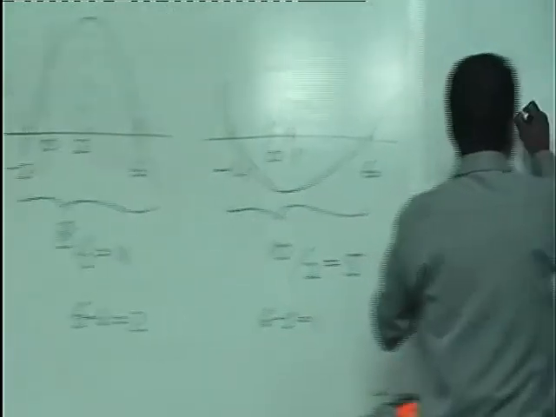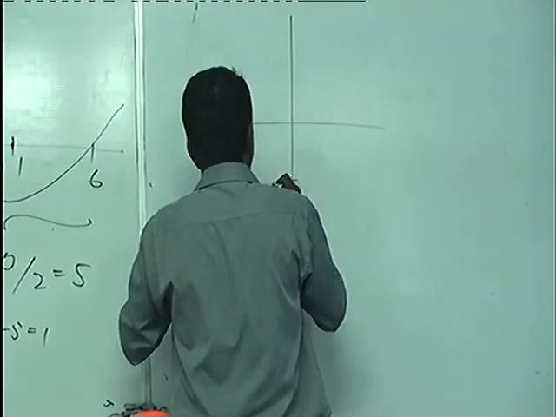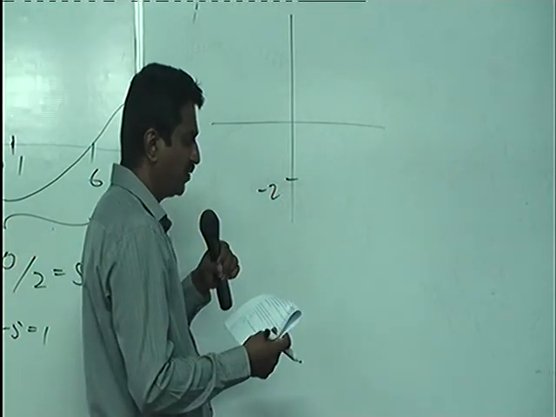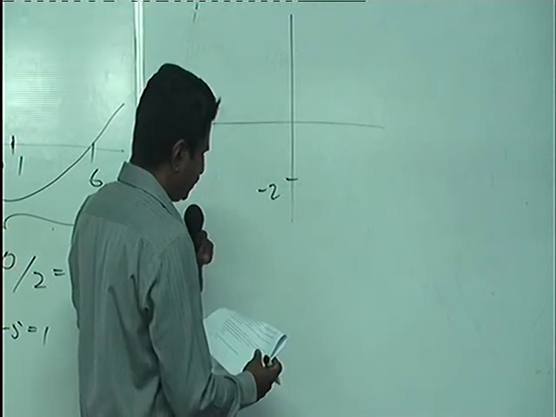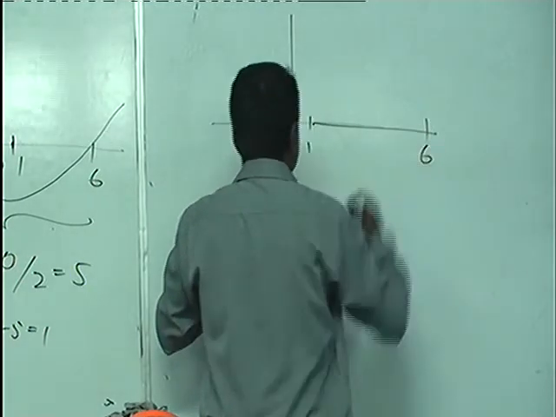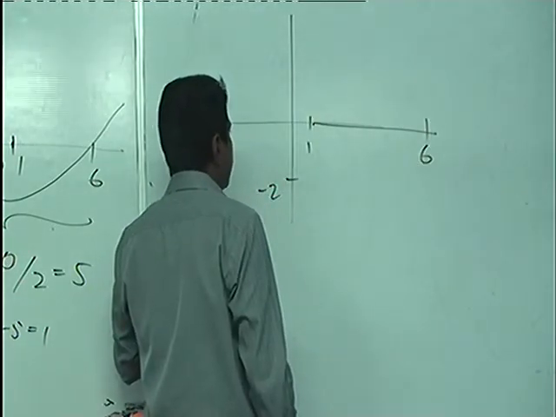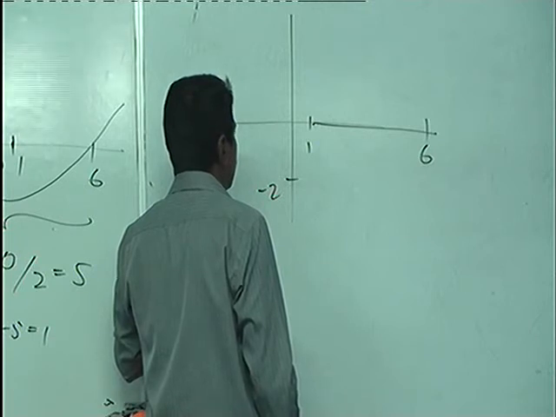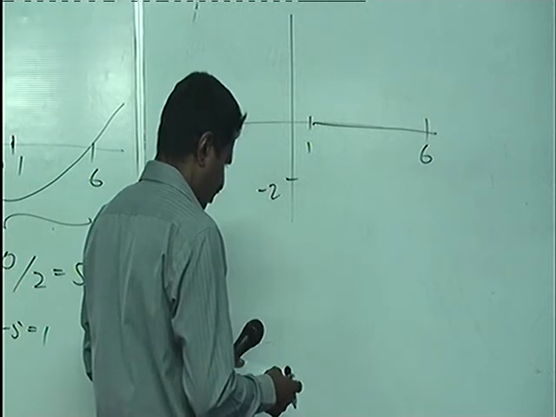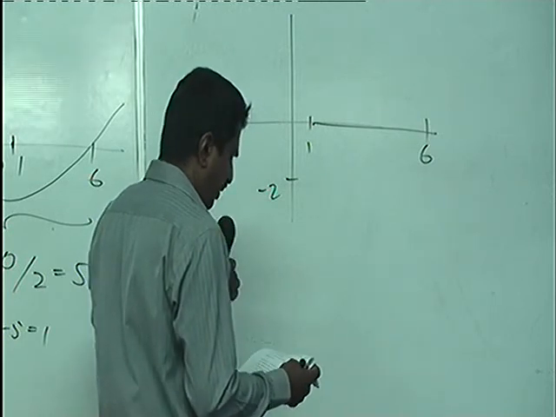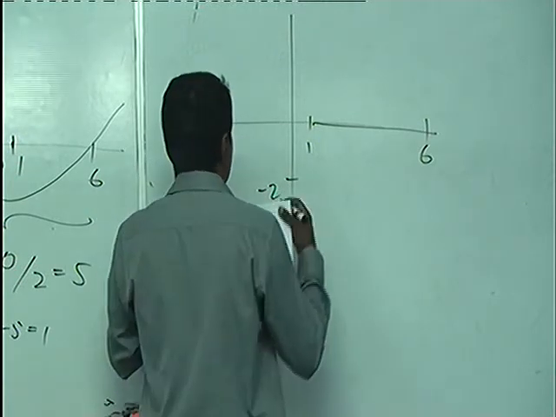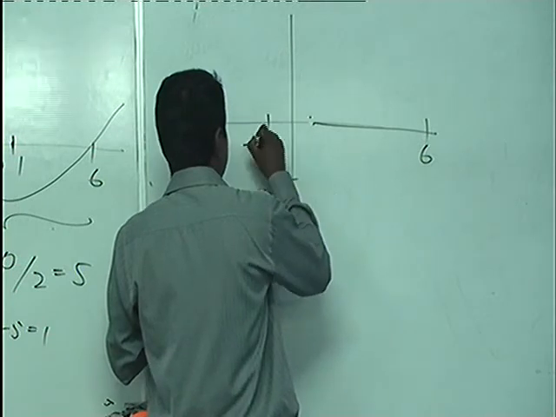Here, I'll write here, y-axis at -2. X-axis at 1 and 6. Oh, there's a printing mistake. So it should be -1 and 6. Not +1, it should be -1.